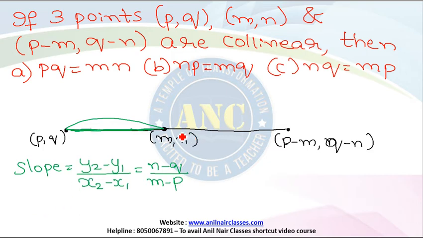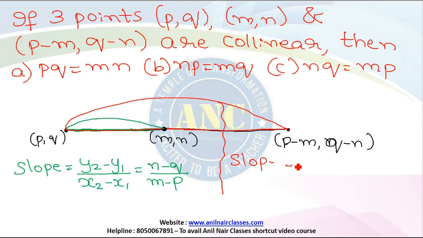Similarly, the slope of this line that I am drawing right now in red color, or if you don't want to take that line, that's okay. You can take the entire line, from starting till the end. From here to here if you want to find the slope, that is also okay. Slope of this line is given by y2 minus y1. y2 is q minus n, minus y1 which is q. q minus q cancels, it is minus n. x2 minus x1 is p minus m minus p. p minus p cancels, it is minus m. So finally it is n by m, right? It is n by m.